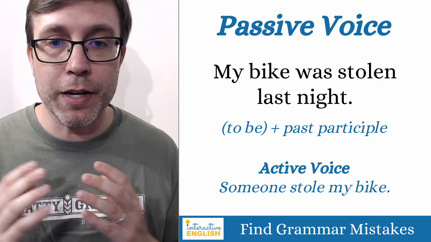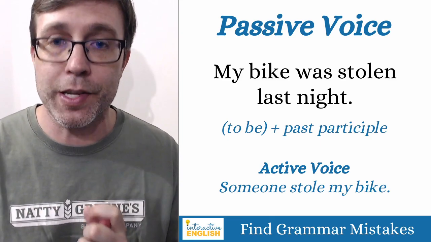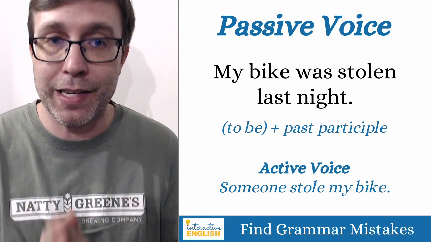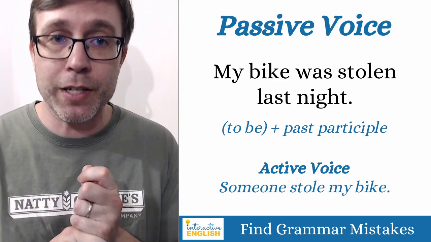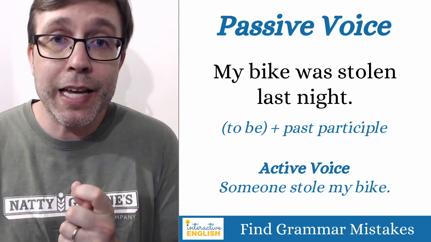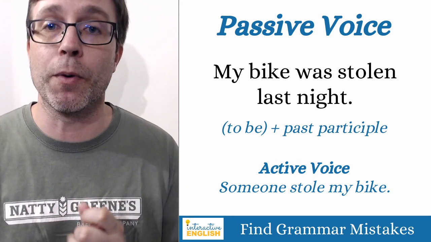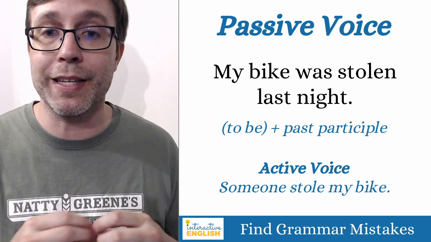And I've done a whole other lesson between active voice and passive voice. And when you're talking about the passive voice, you're going to have your subject plus the verb to be, which in this case was, and it's the past tense, plus the past participle. My bike was stolen last night.